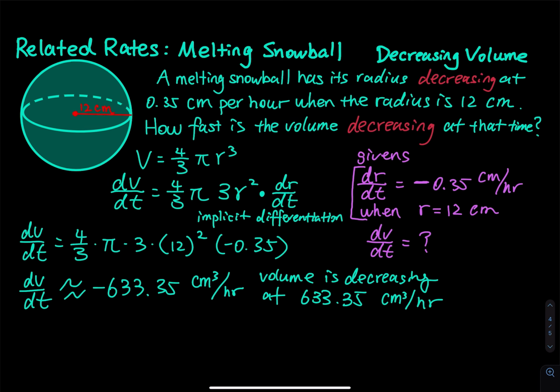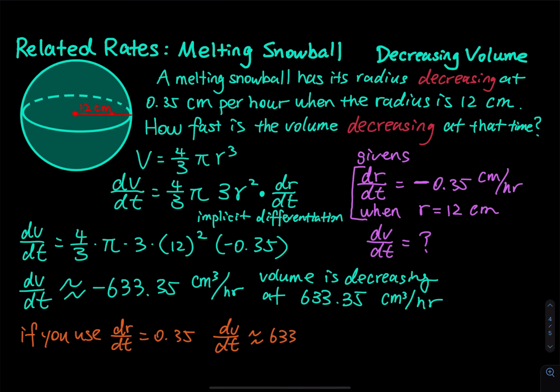So let's add another note. If you use dr/dt equals 0.35, then dV/dt is approximately equal to positive 633.35. So make sure you say that this is decreasing.